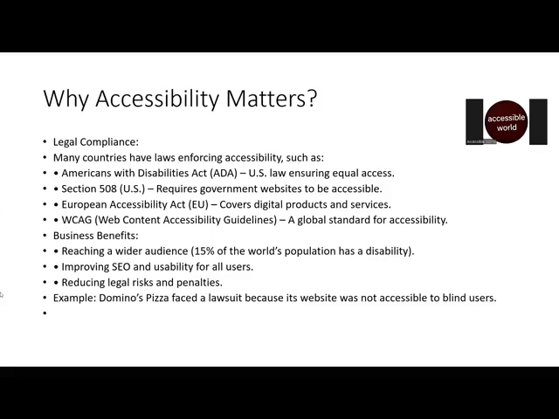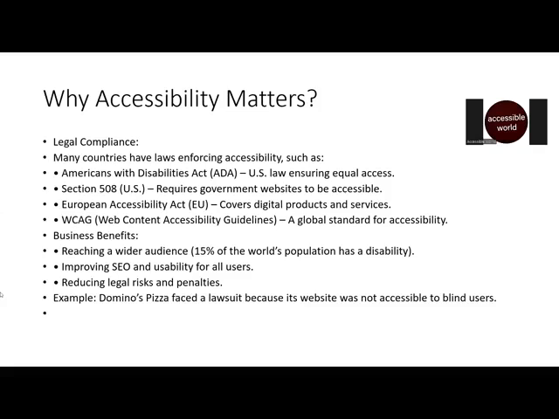Why accessibility matters? Why do we need to perform accessibility testing? If the website or mobile application is not accessible, what will happen? Simple, friends. One is legal compliance. Many countries have their own laws. For example, the US has the Americans with Disabilities Act.